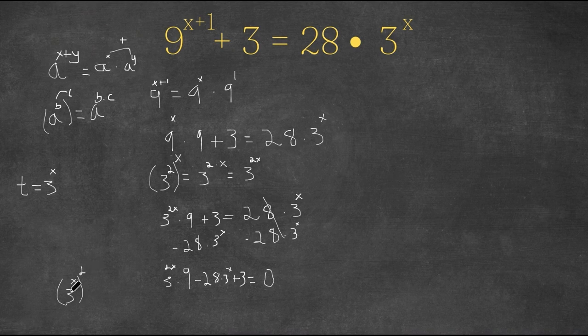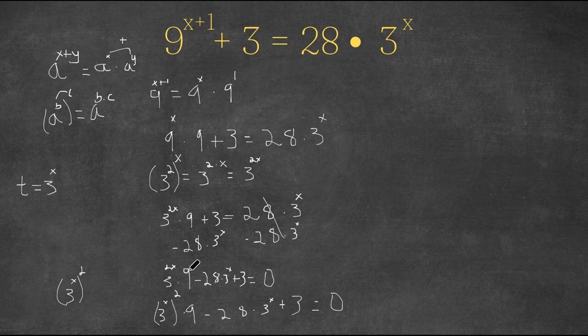Because remember, before, this was 3 to the power of 2 to the power of x, but we could simply switch these two up because at the end, they're just multiplying with each other. So now we have 3 to the power of x to the power of 2 times 9 minus 28 times 3 to the power of x plus 3. And all of this equals 0.